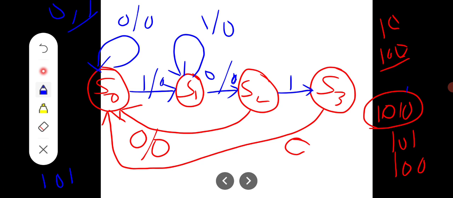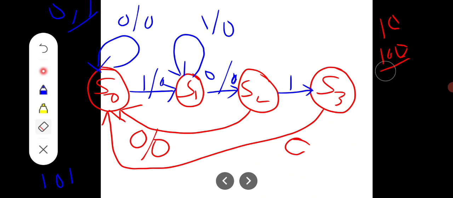After 1 0 1, a 0 is nothing but sequence breaking. If you want to identify the sequence 1 0 1, the starting bit must be a 1 itself. But here we don't have any possibility, so that's why it is going to the reset condition. That is the criteria, right? So this is for the 0 by 0 consideration.